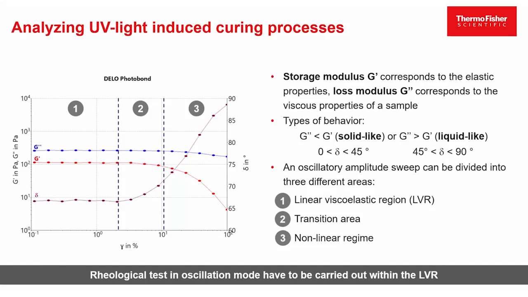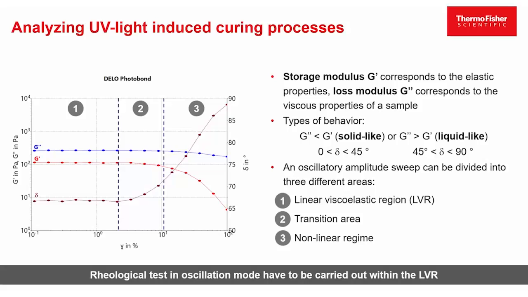Such an amplitude sweep can be divided into three areas. The first area is the area in which the rheological properties are independent of the applied deformation. This is also the region that we like to be within when performing actual oscillatory measurements.